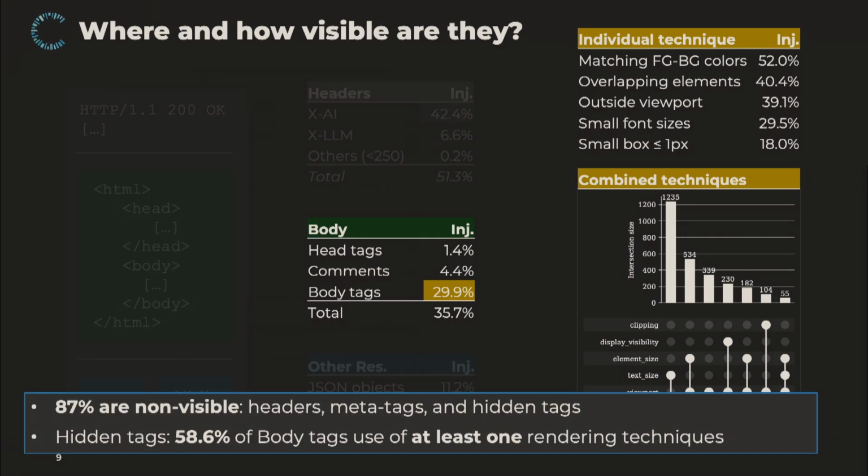So overall, what is it that we have understood? 87% of the prompts that we identify online are non-visible for different reasons. They cannot be rendered to a user. They are in an HTTP response header, or in the meta tags of the HTML page that is not supposed to have any space in the rendering pipeline, or they are hidden on purpose.